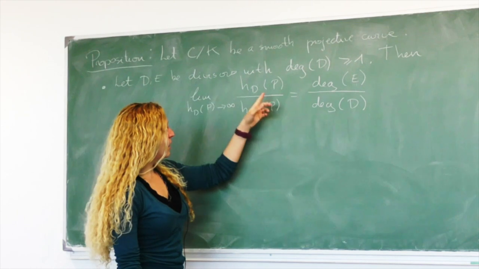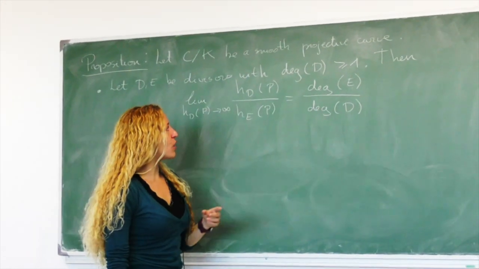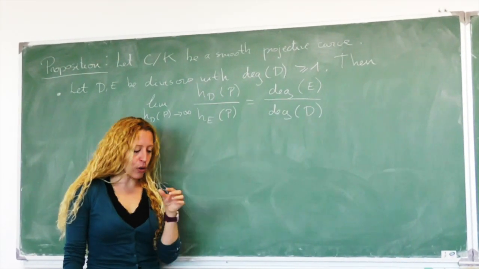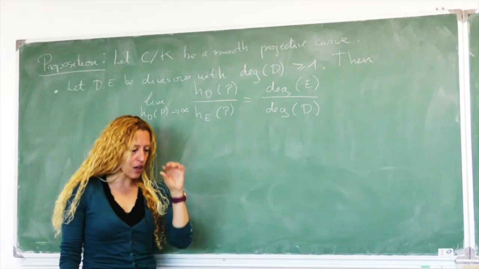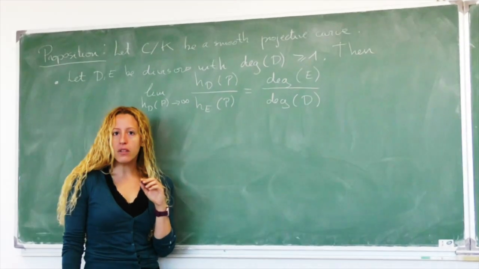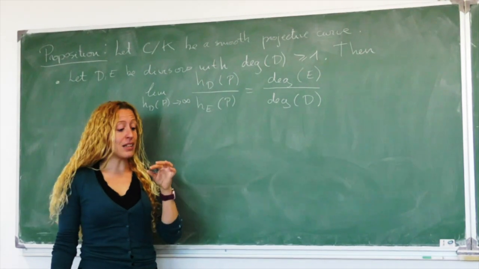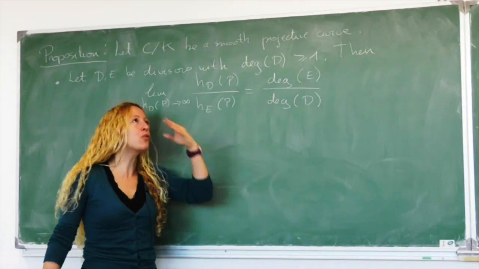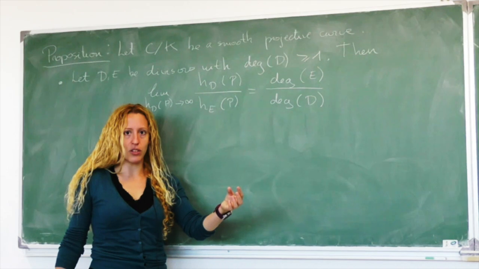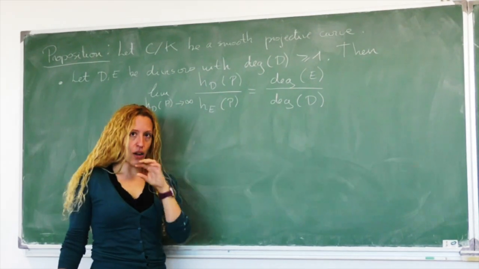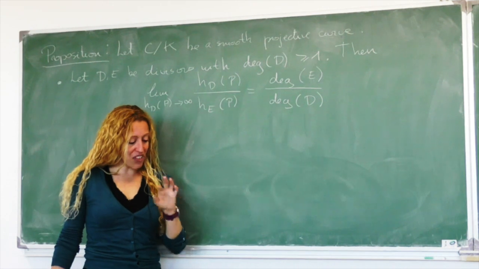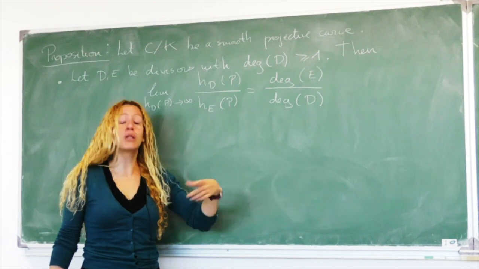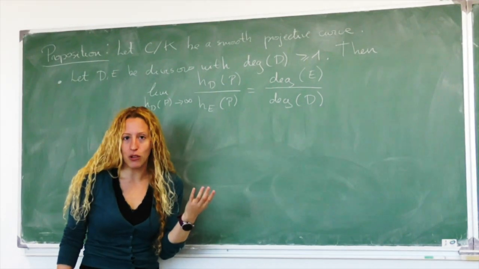Why? What is the height of a point associated to a divisor? We have to look at the Riemann-Roch space of the divisor. We are going to get sections of this Riemann-Roch space, and construct the corresponding morphism. The height of the point is just defined as the height of the image of this point in the projective space. And we have seen that we have a morphism between projective spaces and the degree is D. Then the height here is equal to the height here multiplied by D, this degree, right?